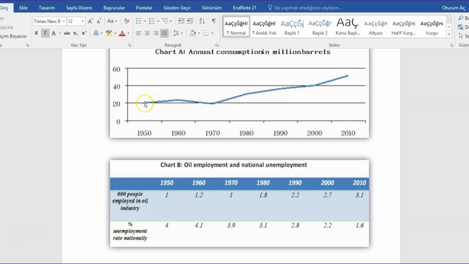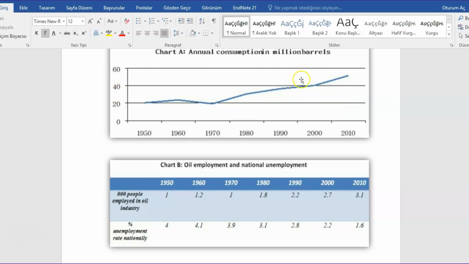Here we start in 1950 from 20 million barrels till mids of 2000, right?